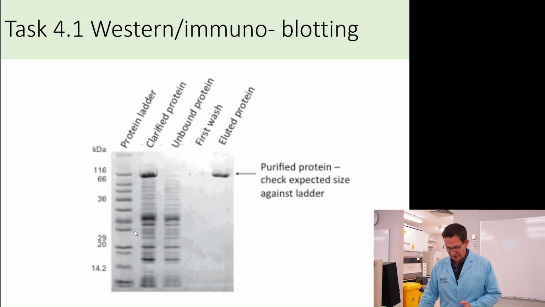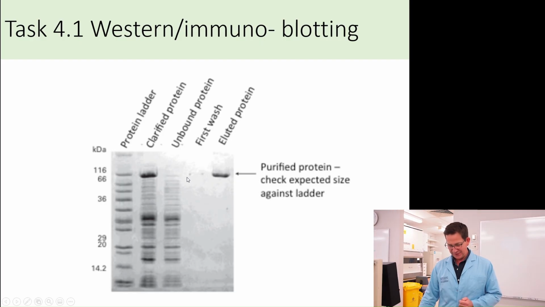In lane 2, we have our clarified protein sample, or clarified supernatant. You'll see that it's a complex mix of proteins, many proteins within that. Here is the unbound protein fraction. What we'll notice about this, which is special, is that there's one particular band which is missing from this lane. What is the band that's missing?